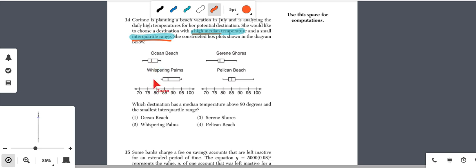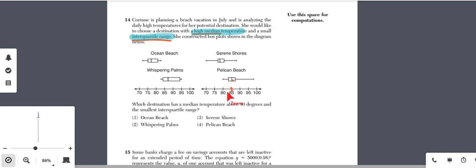So this one, the middle one, is 75 point something. For this one it is 85, but its interquartile range is very large. It's 95 minus 85, which is approximately 10. Clear? High median, but larger interquartile range. For this one, its median is also 85, but it has a very low interquartile range.